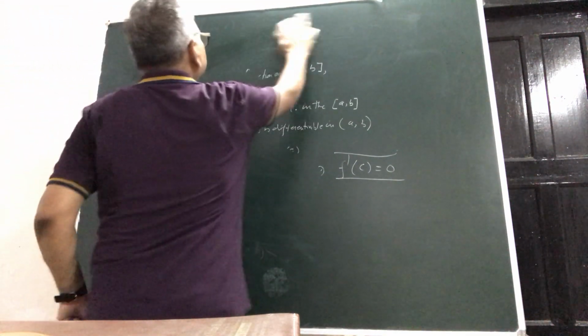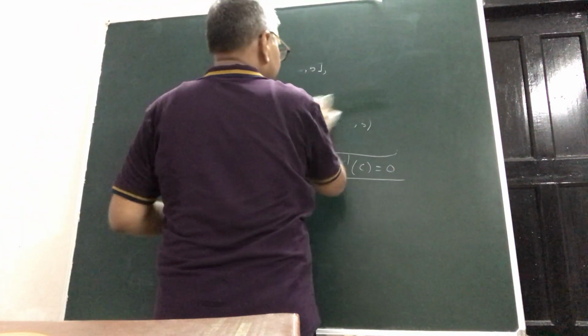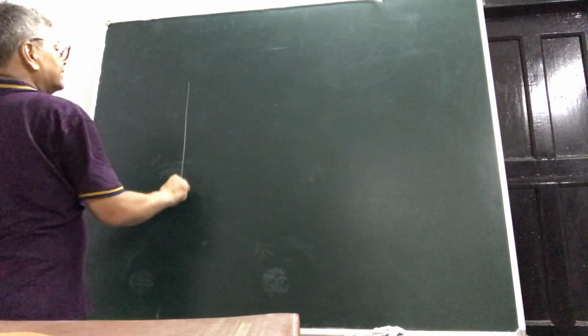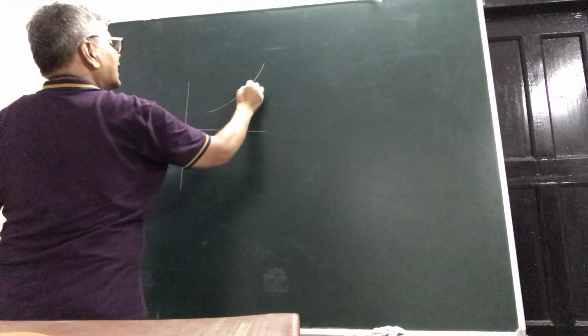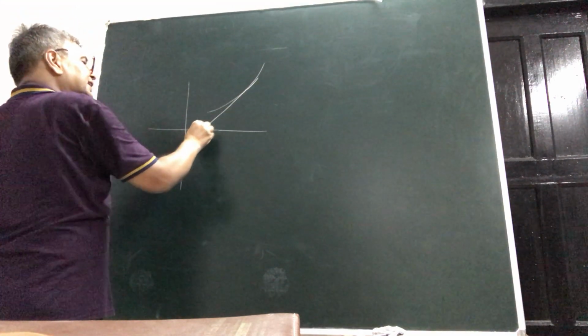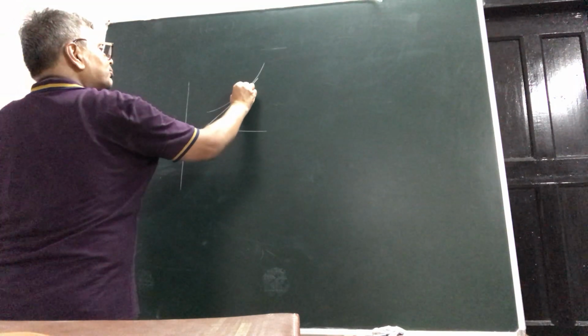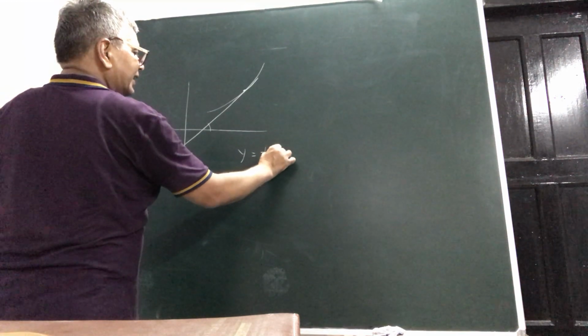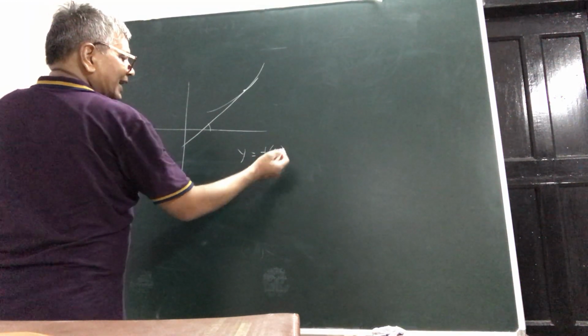Now I would like to tell you how intuitively you will come to know why such a thing is happening. You have to remember the geometrical interpretation of the derivative. If there is a graph, and at a point you are finding the derivative, then it gives you the slope of the tangent there. Suppose y equals f(x) is your graph and you are finding its derivative at x naught.